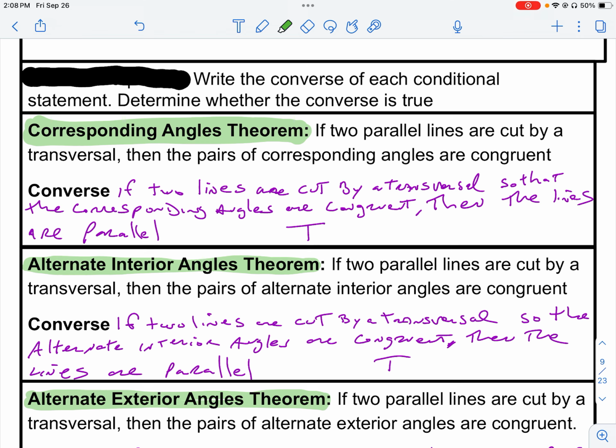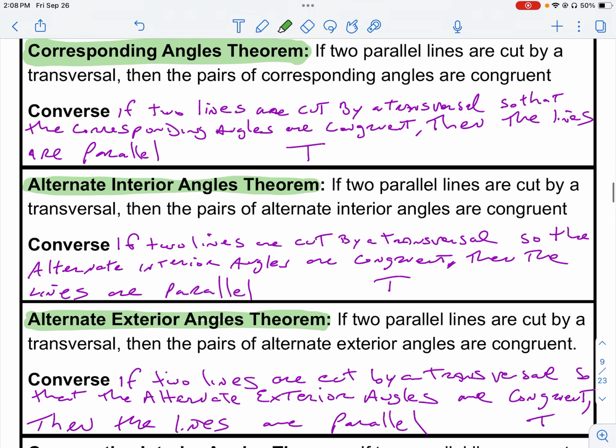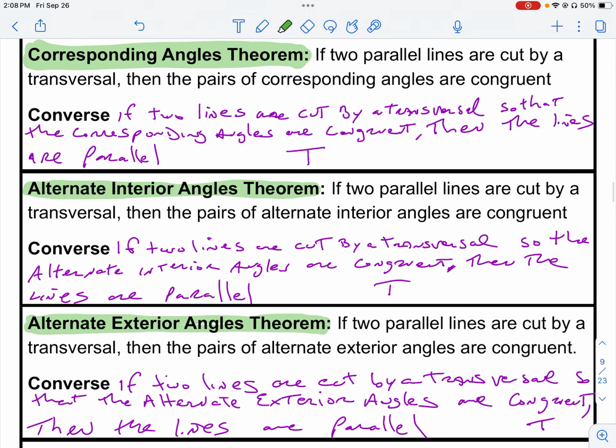All right, alternate exterior angles theorem. Two parallel lines cut by a transversal, and the pairs of alternate exterior angles are congruent. If the lines are parallel, then the alternate exterior angles are congruent. Well, what about the converse? If two lines are cut by a transversal so that the alternate exterior angles are congruent, so that what we know is the angles are congruent, then we can conclude that the lines are indeed parallel.